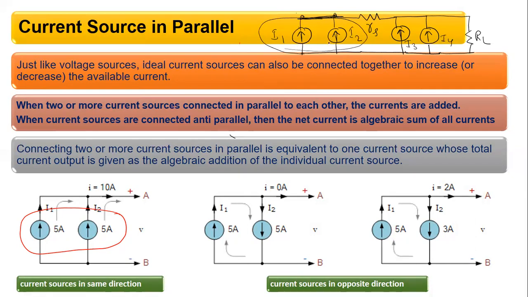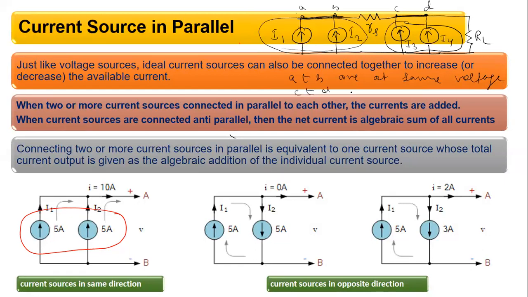But the combination of these two sources, and the sum of these two sources, are also sharing the same node or junction, right? These two nodes are at the same potential, but consider all these four nodes, let us say A, B, C, and D. Here A and B are at the same voltage.